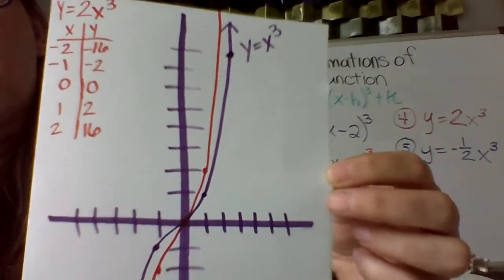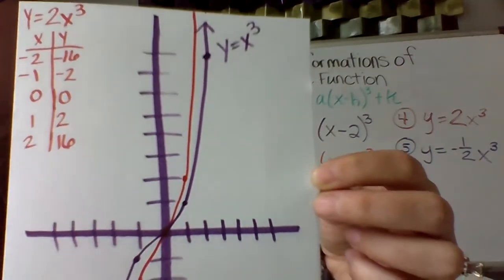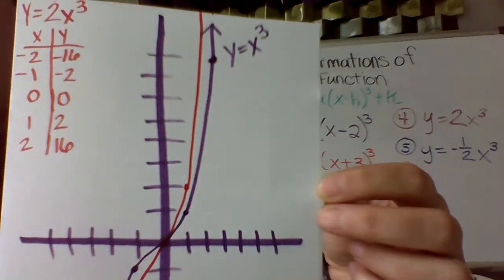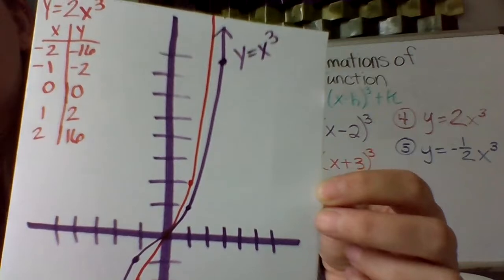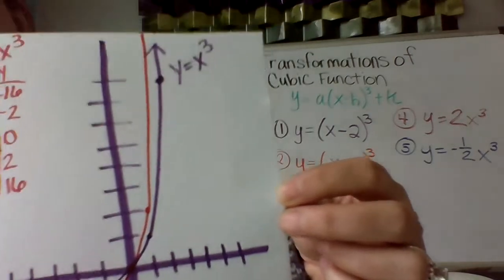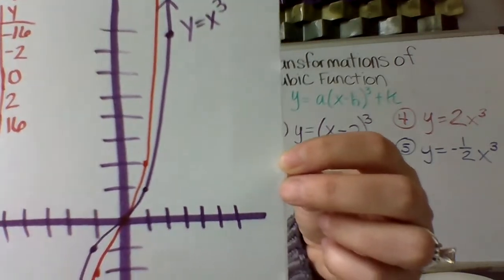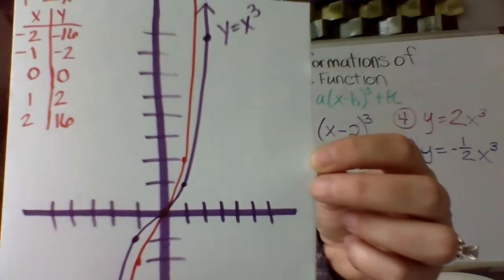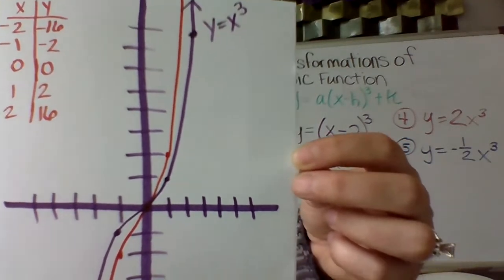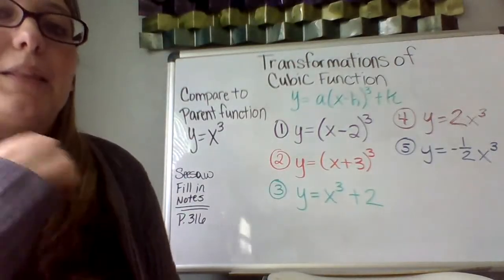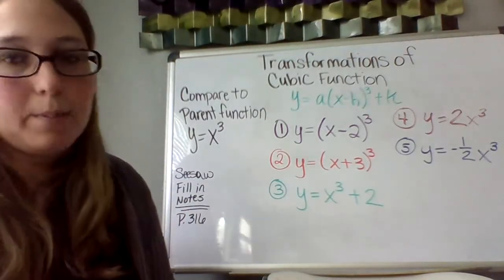Sometimes you'll see books call it a horizontal compression because it smushed it. But in this case, our book is calling it a vertical stretch. So when we had that a as a positive number, we got a vertical stretch. Okay. Not just a positive number, but a whole number. Sorry. Okay. All right.